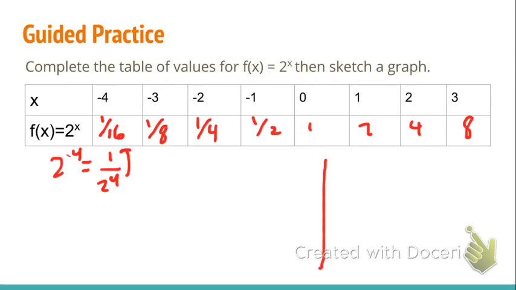So now if we graph an x and y axis and we plot these points, -4, 1/16, -3, 1/8, -2, 1/4, -1, 1/2, 0, 1 is our y-intercept. Oh, sorry. And then 1, 2, 2, 4, 3, 8.